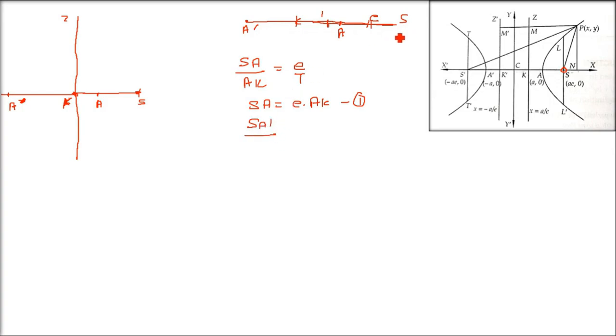So SA dash, the total line, divided by A dash K, that is K extended to A dash, is equal to e is to 1. As I told you, internal, external, you need to know how to divide the line. So again, let's cross multiply. SA dash is going to be equal to e into A dash K.